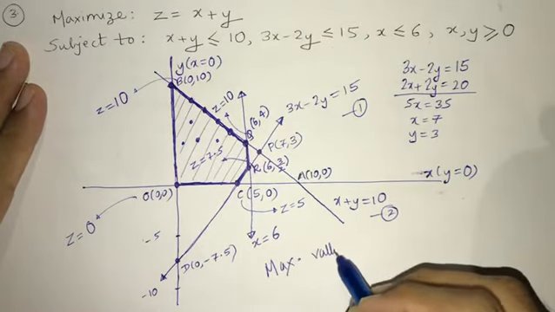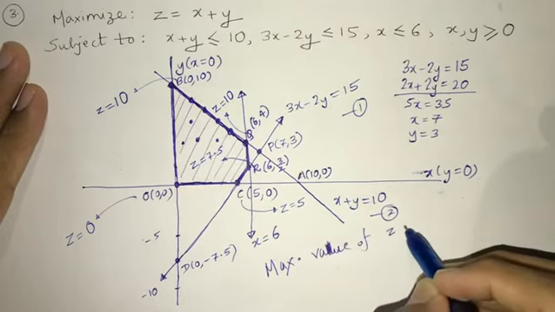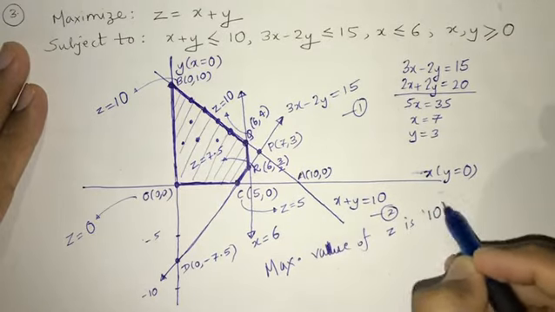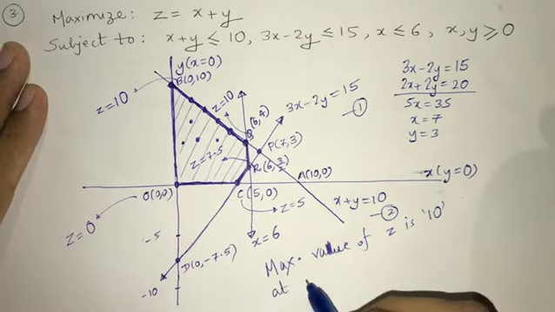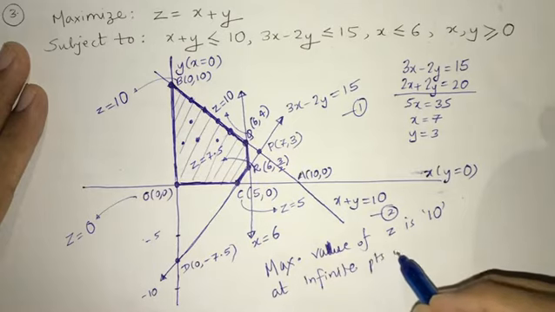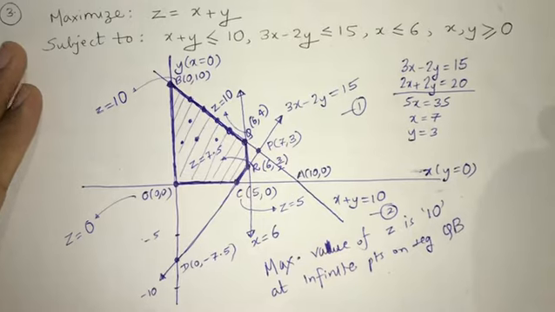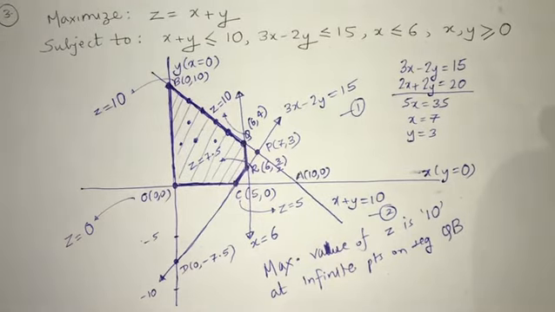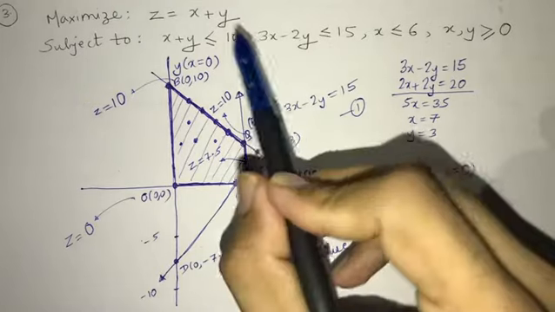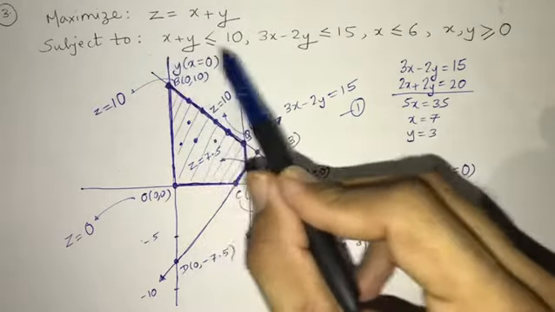The max value of z is 10 at infinite points on the segment QB. The hint is: the objective function matches with one of the constraints.